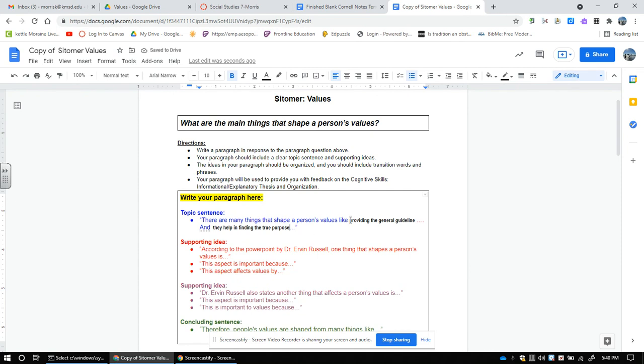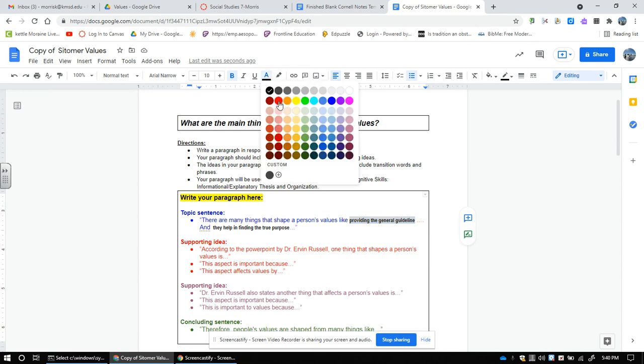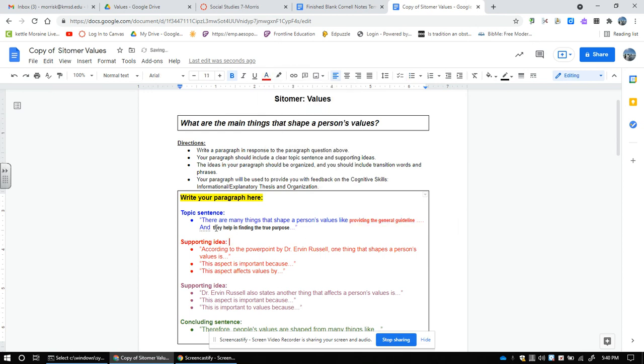Now I need to turn this red because this is my first subclaim. I'll tweak it more in a second, but red it is. And I'm going to make this purple. There, subclaim 1, subclaim 2. Now let's see if they make sense.